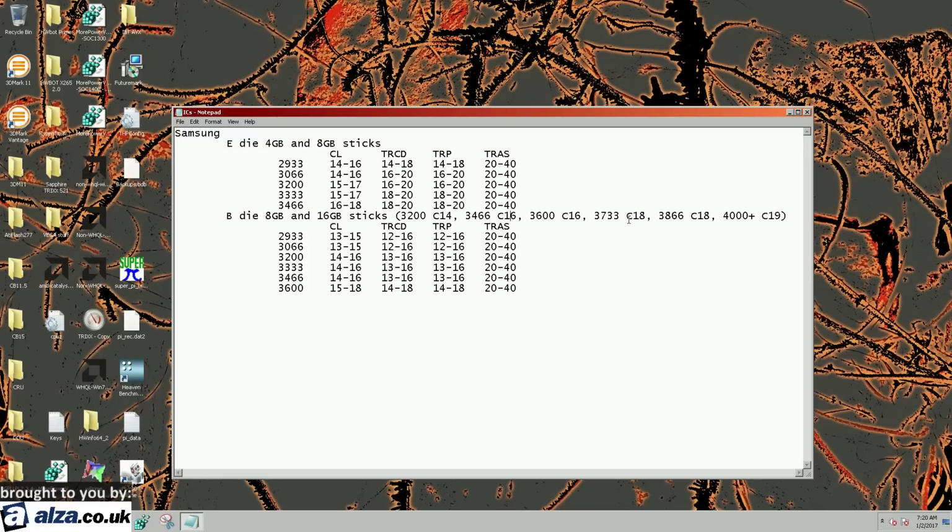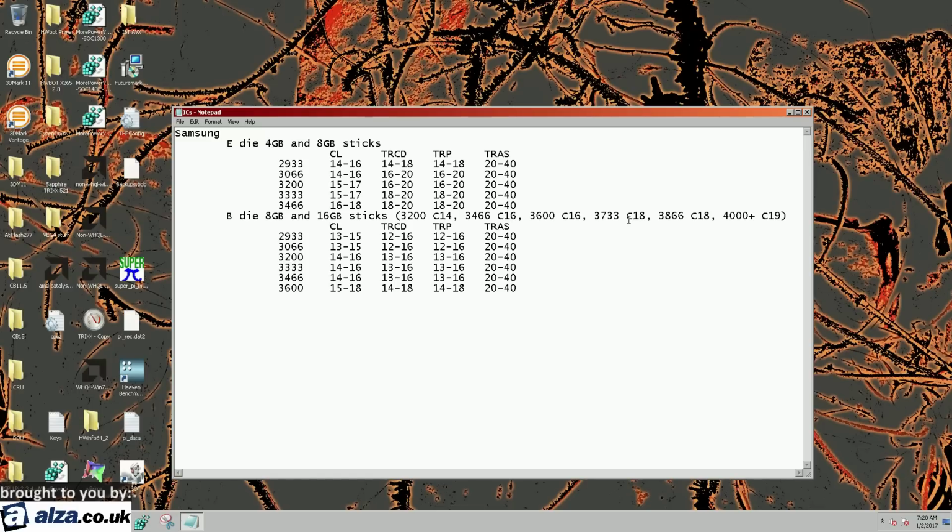If it's rated higher, like if you have a CAS latency that's higher for a given speed than what I have listed here, it's probably doable. Those kits could end up with Hynix chips, because the main difference between B-die and Hynix A-die or M-die is that M-die and A-die don't clock as well for given timings.